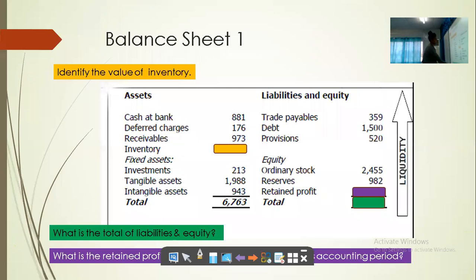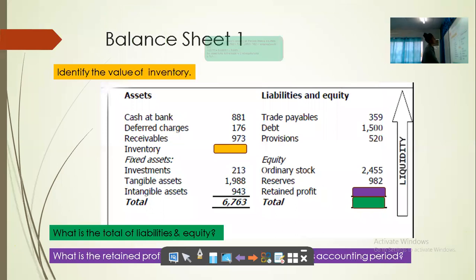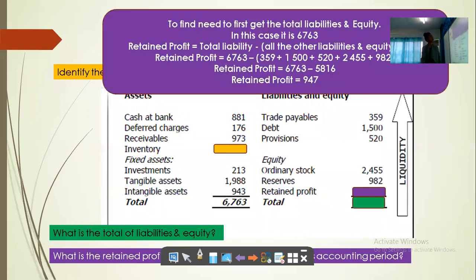And then the total. Okay. Can we read that? So retained profit will be taken from what? Total liabilities and equity, which is equal to the total assets value already here.